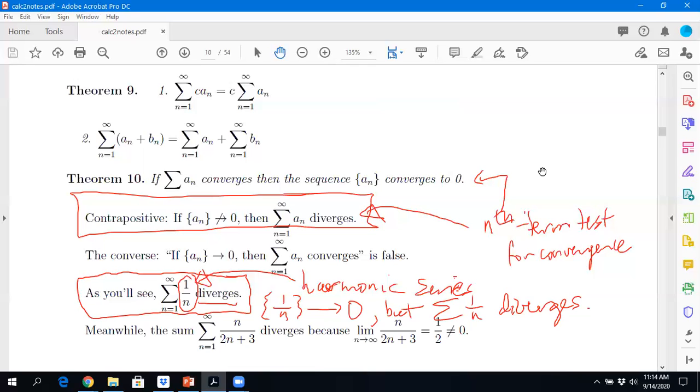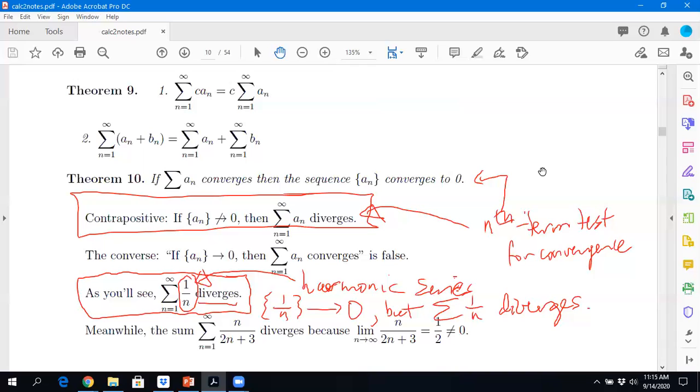I'm saying this over and over again because I've seen students apply this test incorrectly. They'll say, oh look, the terms go to zero, therefore the series converges. No, that is not what you're allowed to conclude. The harmonic series is a counterexample: the terms go to zero, but the series still diverges.